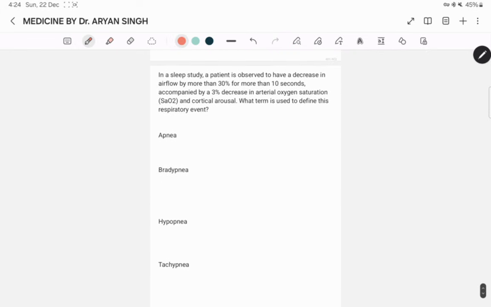Next question. In a sleep study, a patient is observed to have a decrease in airflow by more than 30% for more than 10 seconds, accompanied by a 3% decrease in arterial oxygen saturation, SaO2, and cortical arousal. What is the term that defines this respiratory event? Hypopnea.